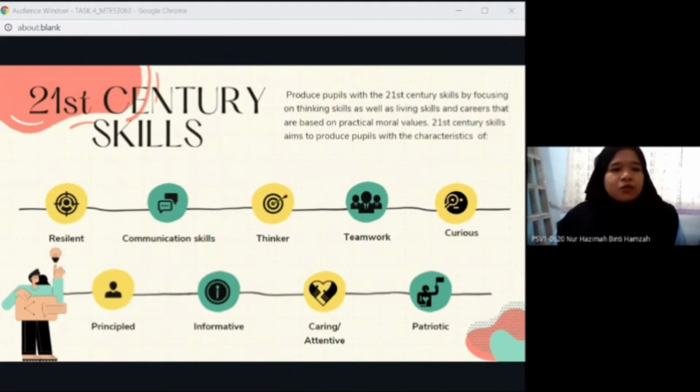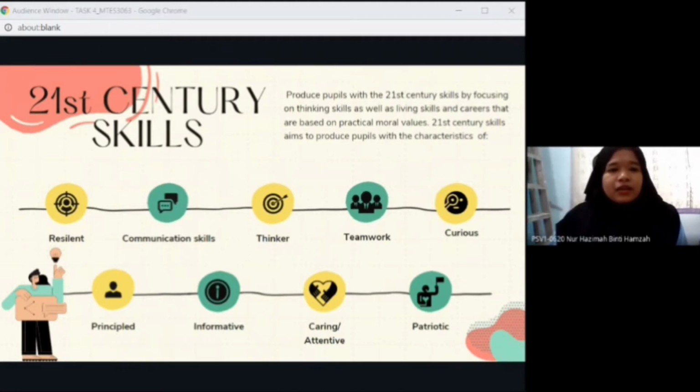And number 2 is communication skills, that the pupils can voice and express their thoughts, ideas and information confidently. Then number 3 is thinkers, which the pupils can think critically, creatively and innovatively. Then number 4 is teamwork, which is the pupils can work effectively and harmoniously with others.